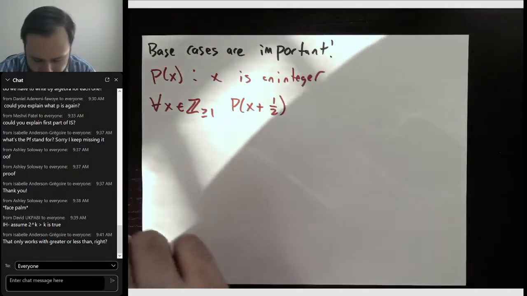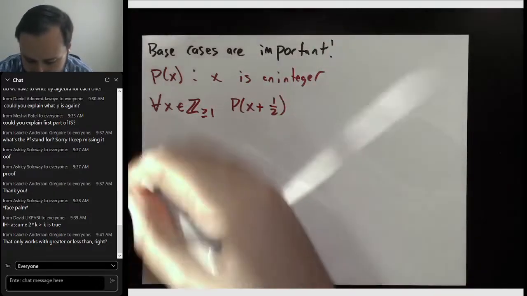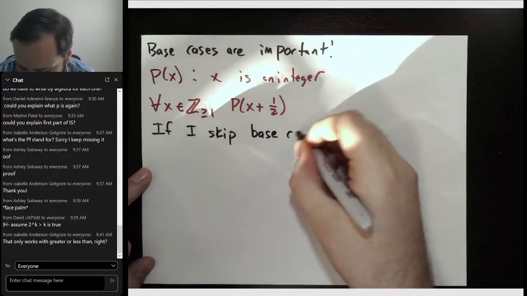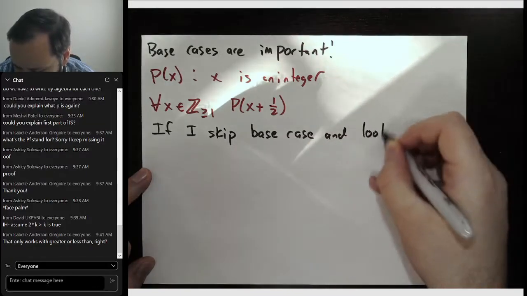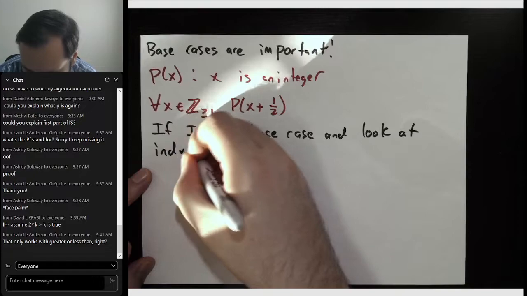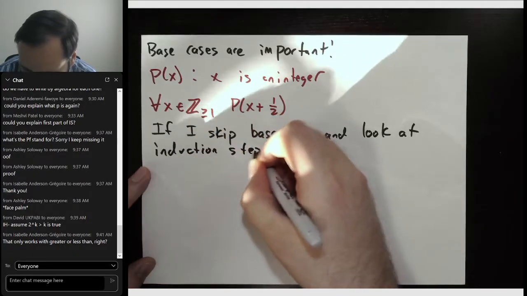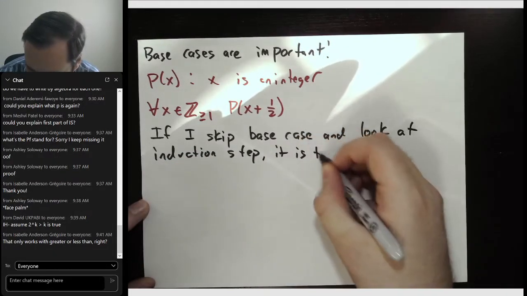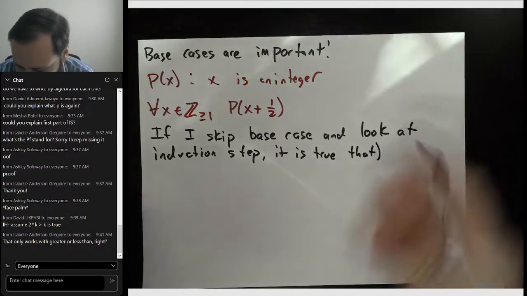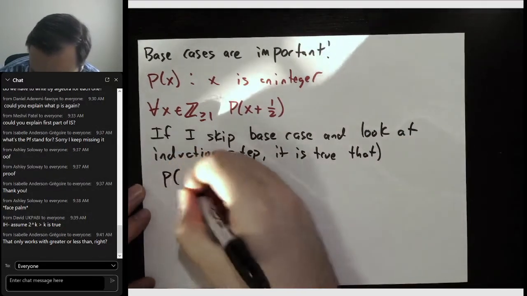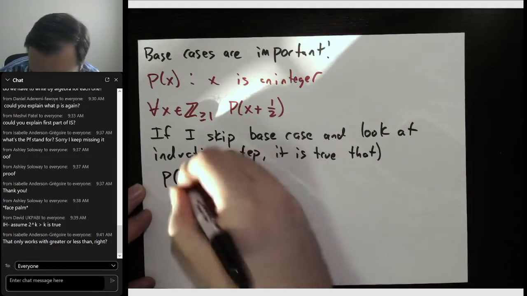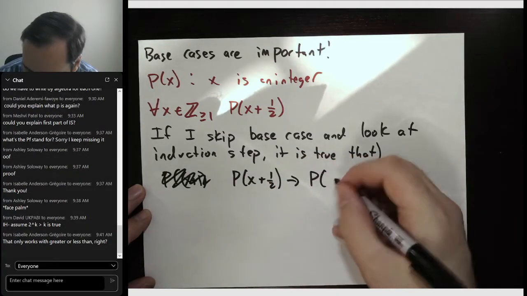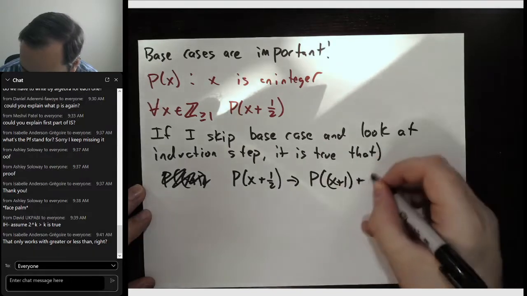But if I just look at my induction step, skip the base case and look at the induction step, it is true that p of x plus 1/2 does imply p of x plus 1 plus 1/2.